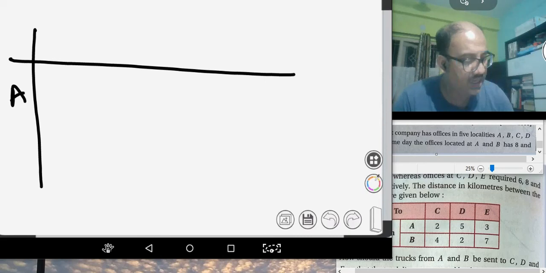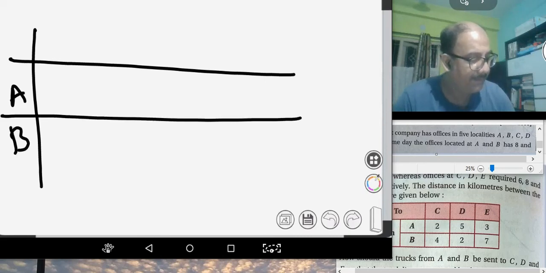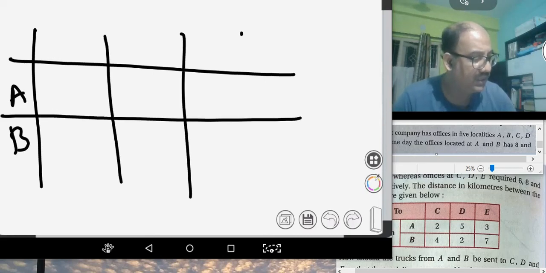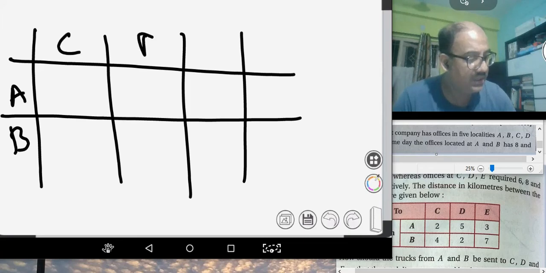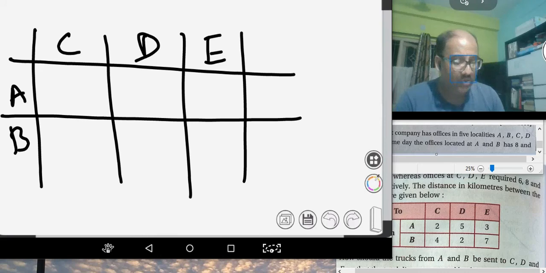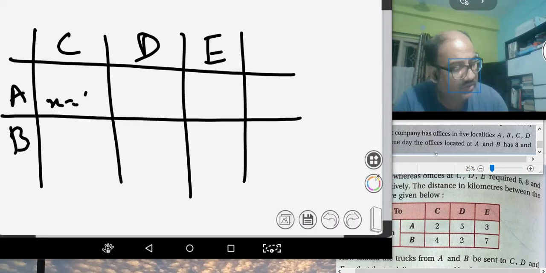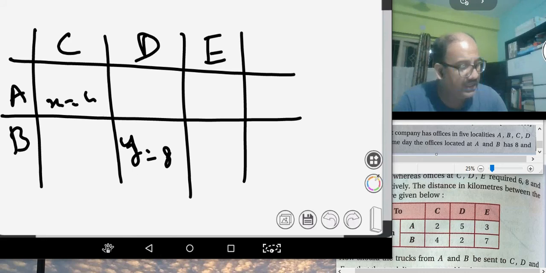So this is A, this is B, C, D and E. So what we have obtained is x equals 4, so this was our x, and y equals 8. If we put the value here, y equals 8.